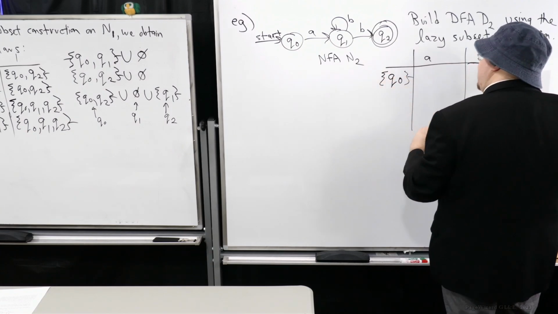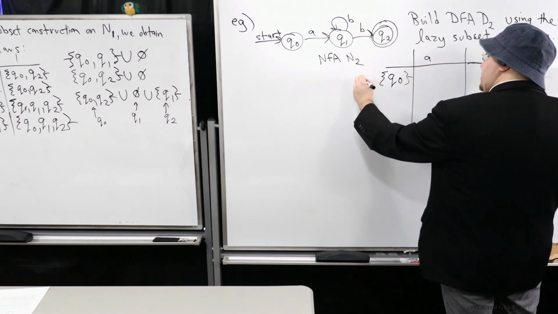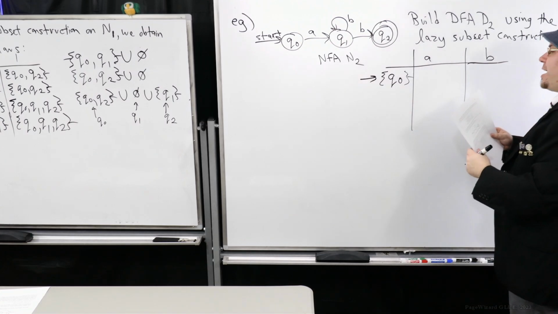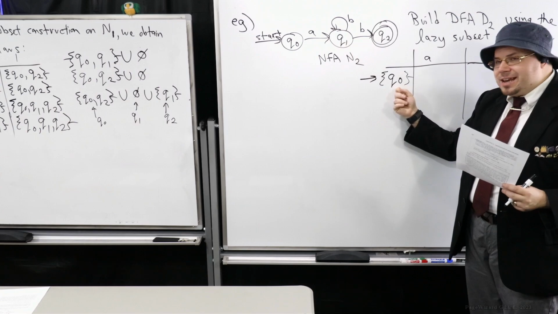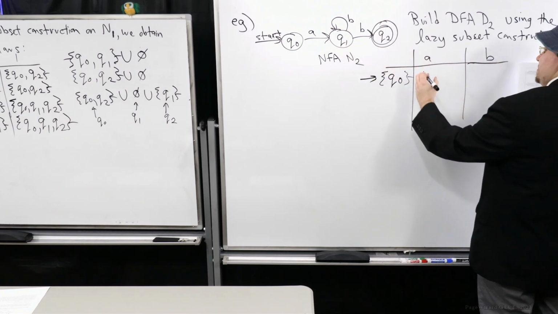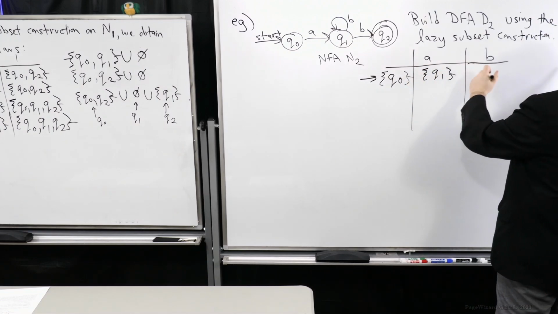So this would be the start state because Q0 is the start state. This is the subset in question for our DFA. So I'm going to indicate it as the start state. Okay. When I read an A on this, I look at each state in here. Q0 on an A. The only one it can transition to is Q1. On B, there's nothing there, right?